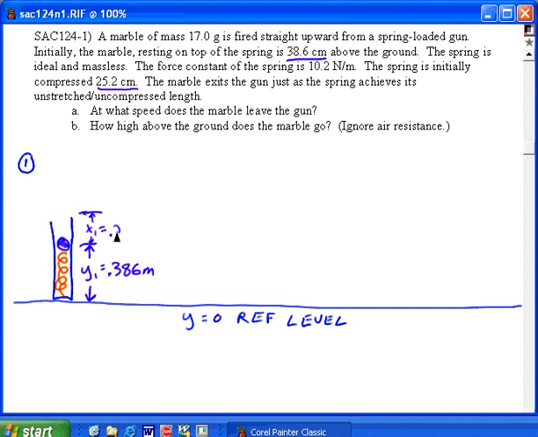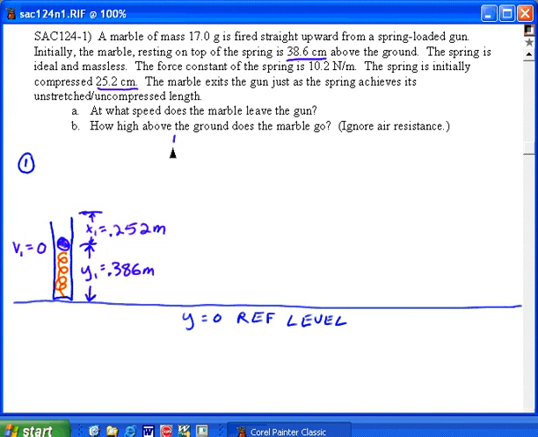I'll call it 0.252 meters. I'm using the subscript 1 to represent the situation. In picture 1, we've got 0 velocity. And that probably does it for picture number 1.